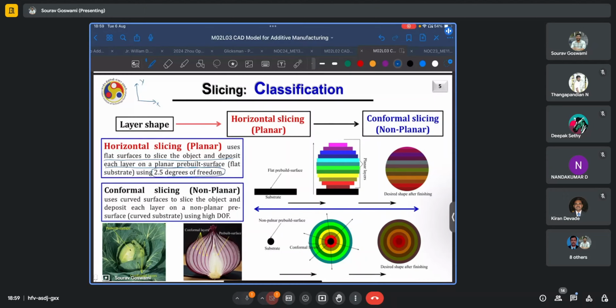And this is the most commonly encountered method which we generally see. So we start with a flat substrate or build plate. In this case, we are printing a sphere. So say we sliced our sphere using these planes and maintained a uniform thickness. So we end up with these planar layers. And then we may have a subtractive operation in the post-processing part to end up with the desired shape after finishing.